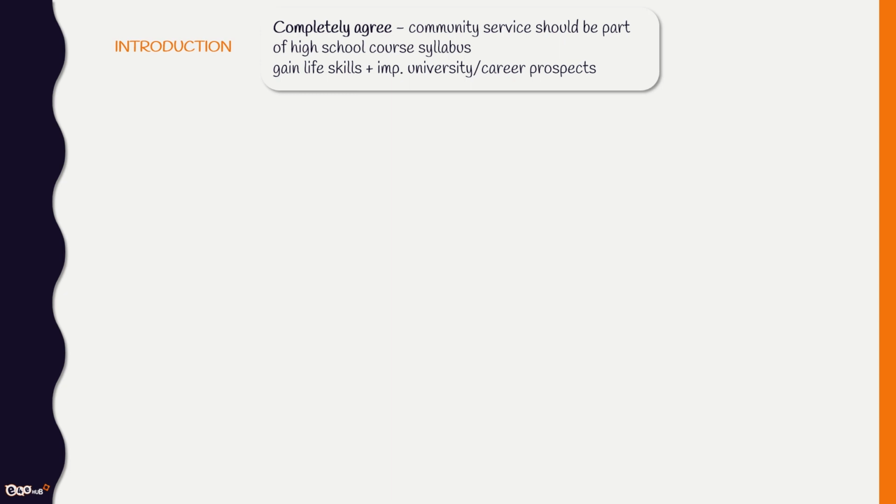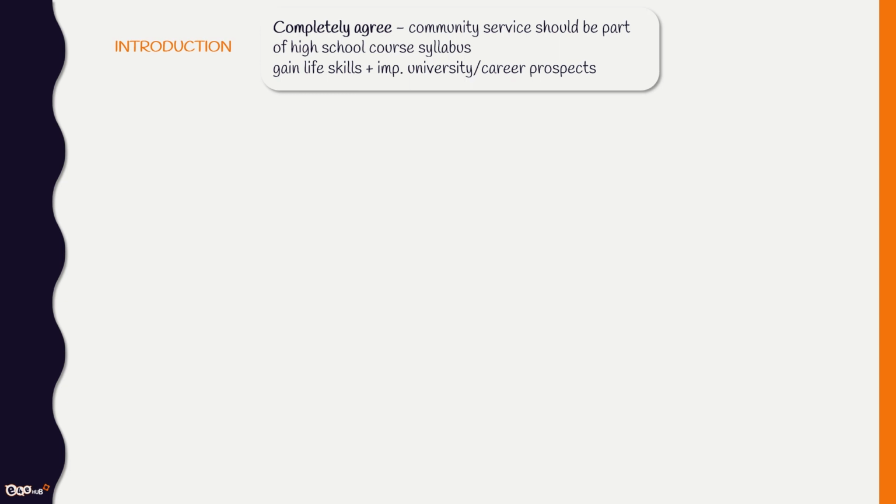My prime reasons or principal reasons for completely agreeing are: it helps students gain life skills, and it is also important or considered important by university or future workplaces in case you choose to work and not study further. So there are 2 principal objectives I will draw my essay around.